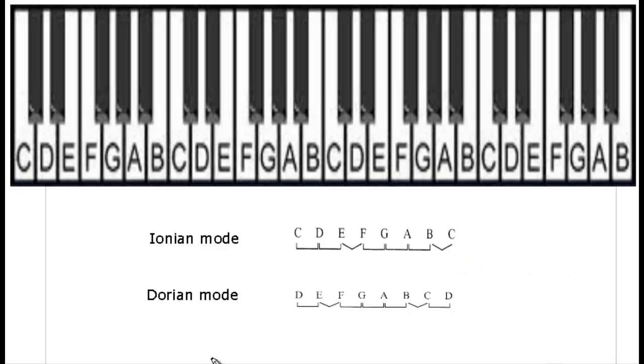Whereas the second mode of the diatonic major scale, and this time it's starting the scale on the note D because we're in the key of C major, is called the Dorian mode. And the underlying structure of the Dorian mode is tone, semitone, tone, tone, tone, semitone, tone. And there you can see the underlying structure of the two modes.